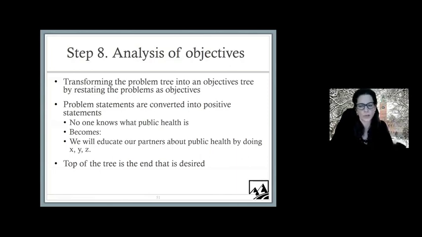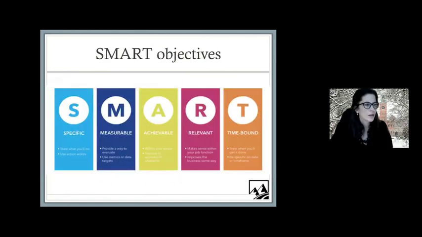The top of the tree is the end that is desired, and the lower levels are the means to achieving that end. One of the things we hear a lot about in program planning and evaluation is the choice of SMART objectives. SMART is another acronym like SWOT that you see out there. SMART stands for specific: it states what you'll do and uses action words.